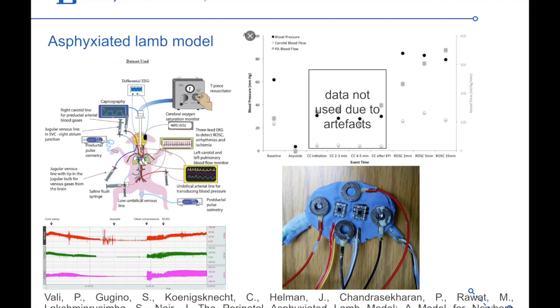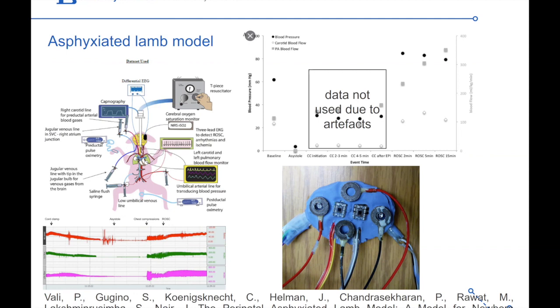This model implements this hypoxia, then asphyxia state, and then recovery from that using chest compression, where we can see this transition back to spontaneous circulation. So this whole transition we can look into using signal processing techniques.